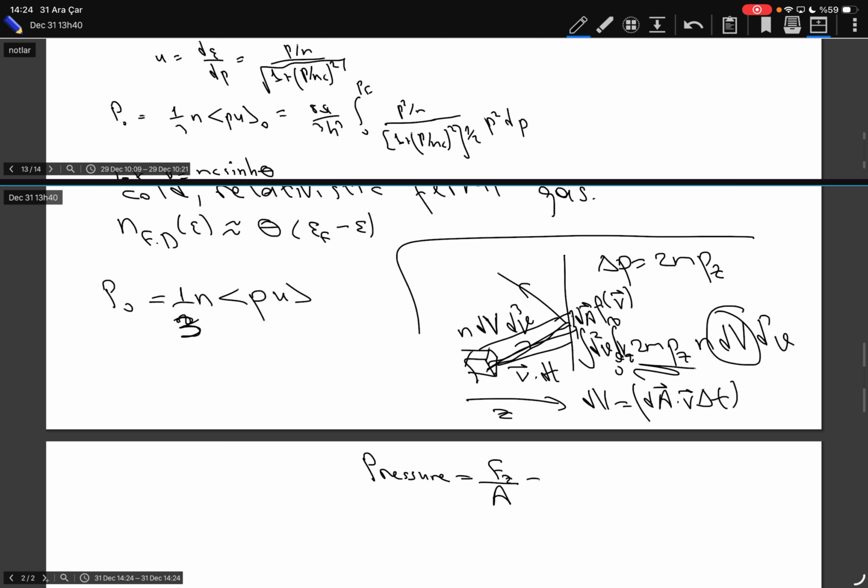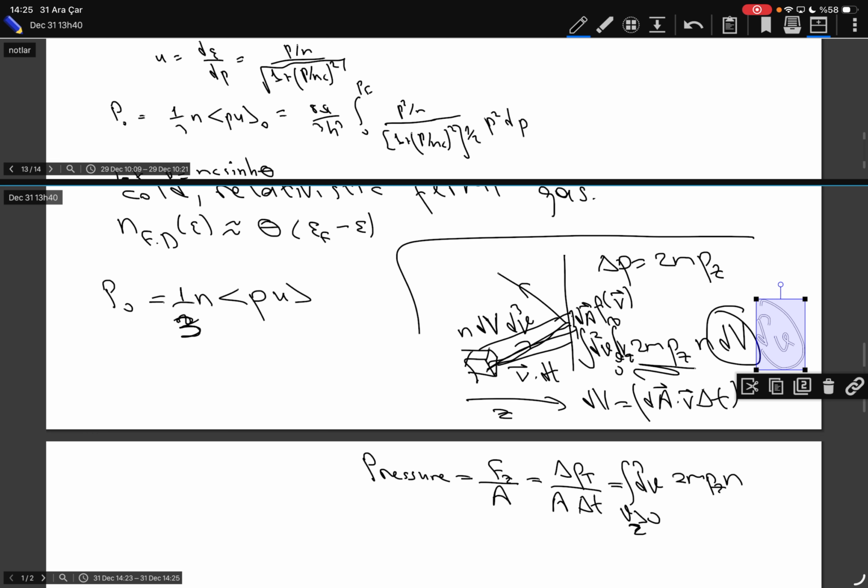Delta p total is the total momentum transferred, which will become the integral of d cubed v, for, of course, v_z larger than 0, since only the particles moving towards my wall will collide with the wall, of 2 m v_z n, and then here I will have v_z dA delta t divided by dA delta t.